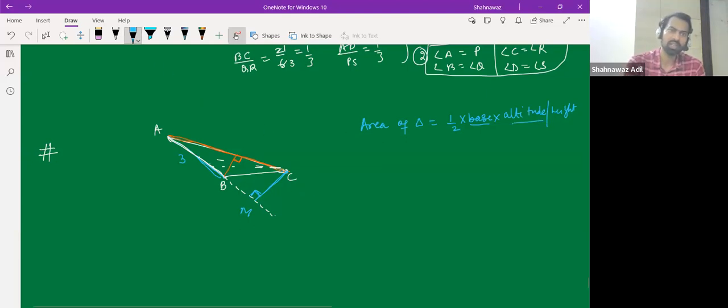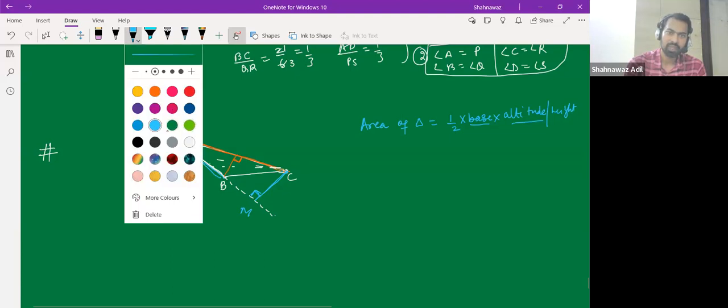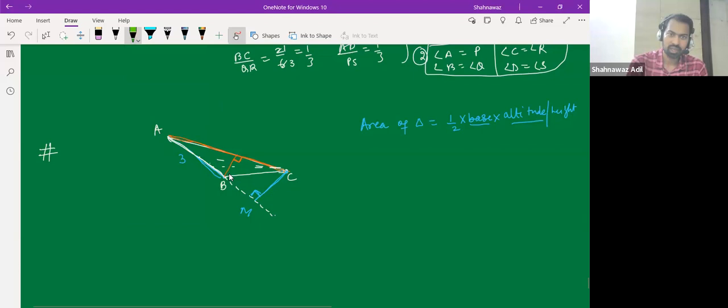Now let's say I have this BC as my base. Can I draw the altitude from this point such that it is perpendicular on this BC? No, right?